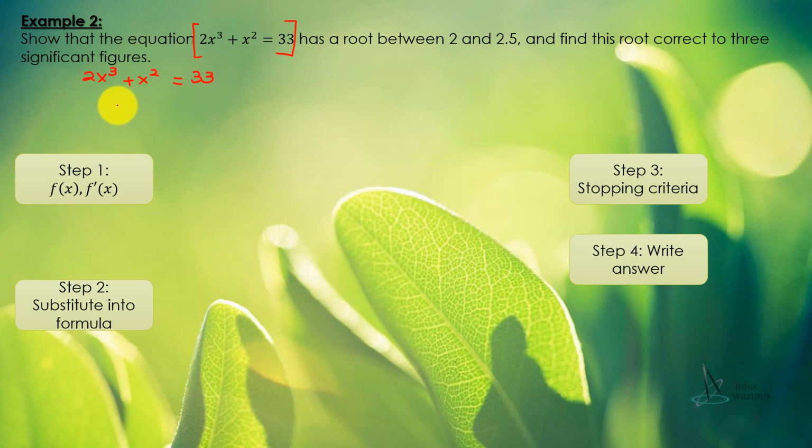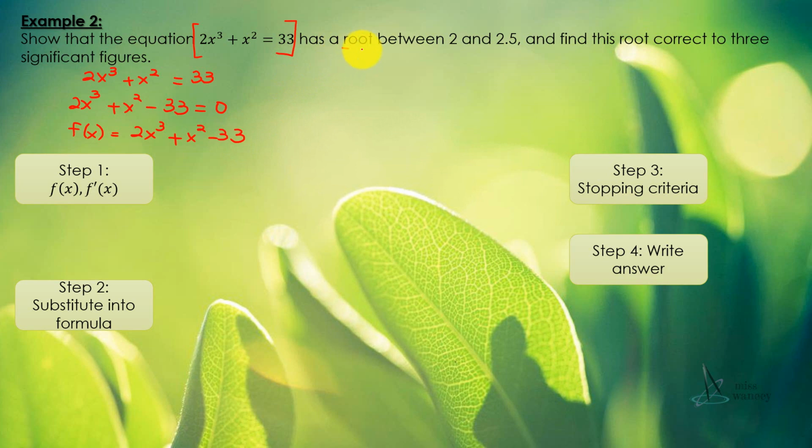In order to have our f(x), we have to bring this to the left hand side, so let me bring 33 to the left hand side. 2x cubed plus x squared minus 33 equals 0. Since one side is already 0, I'm going to call f(x) equal to 2x cubed plus x squared minus 33.